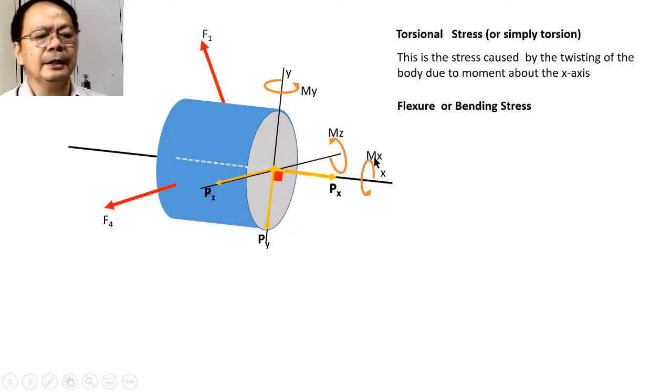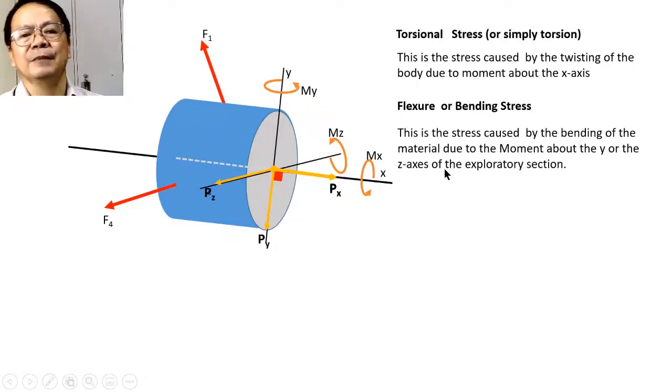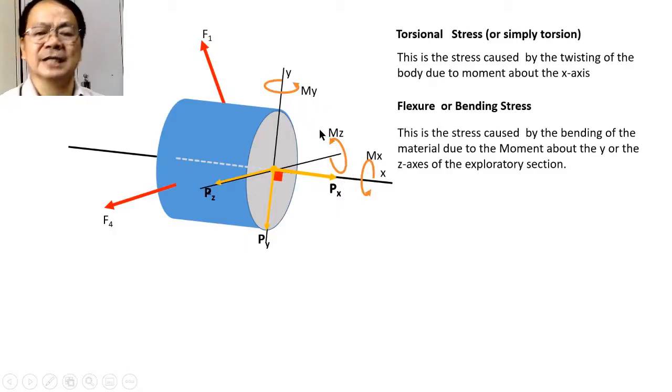The other stresses are the flexure or bending stress, and these are the stress caused by the bending of the material due to the moment about the y or the z-axis of the exploratory section. So, mapapansin natin, kung ito yung ating z-axis at ito yung ating y-axis, merong na-produce na moment, di ba, nang mag-move tayo from here to that point along the y and along the z-axis.